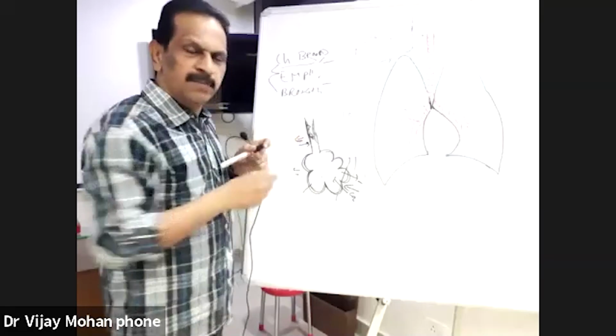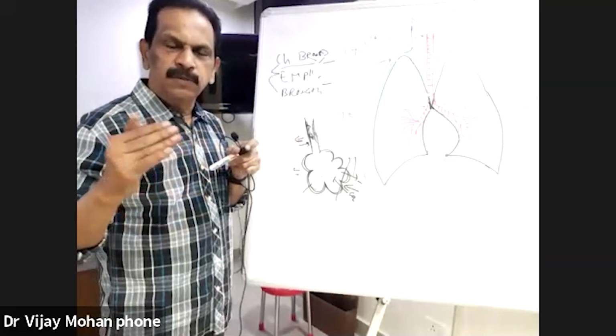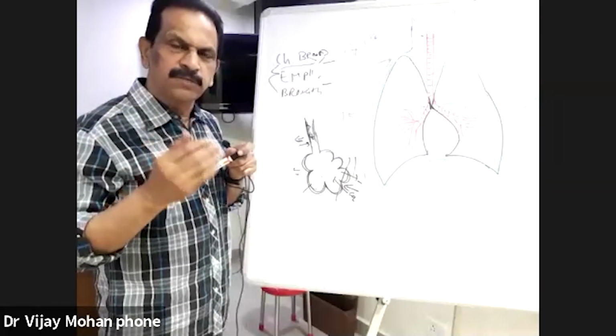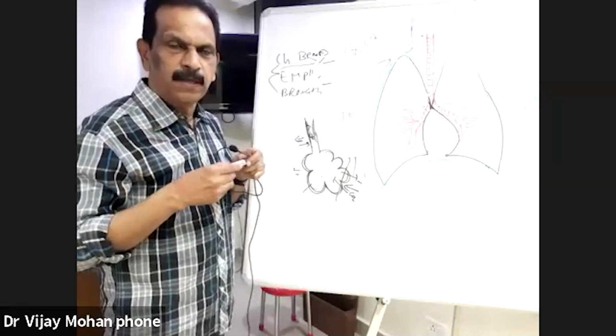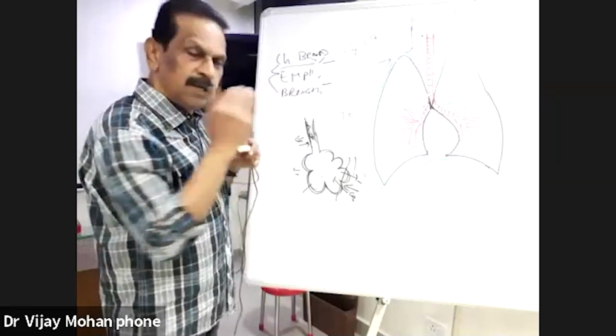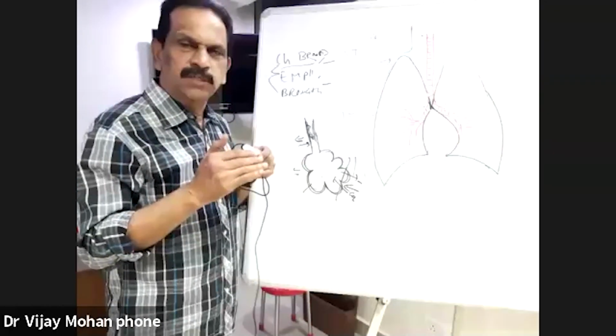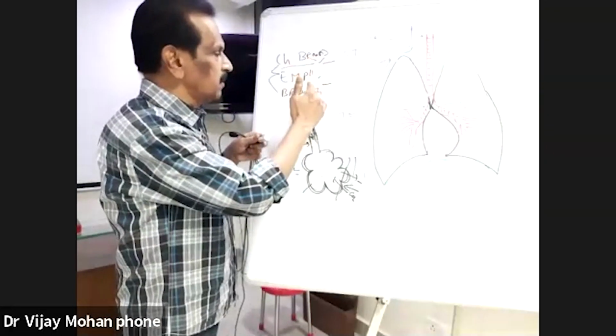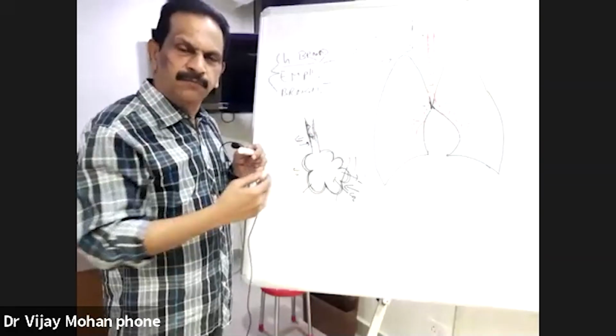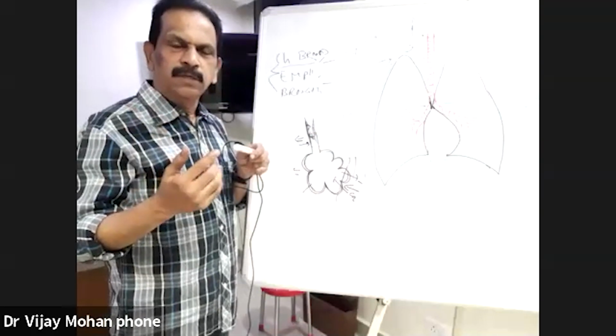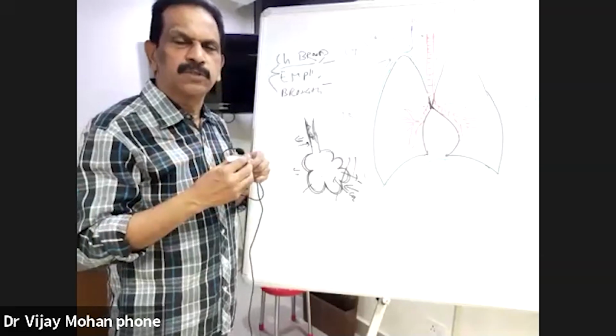Whereas in emphysema, they have gradually progressive breathlessness. The sputum production is very less in emphysema. That is a differentiating point. But in a given patient, almost every patient has both coexisting. In a given patient, they coexist most of the times.